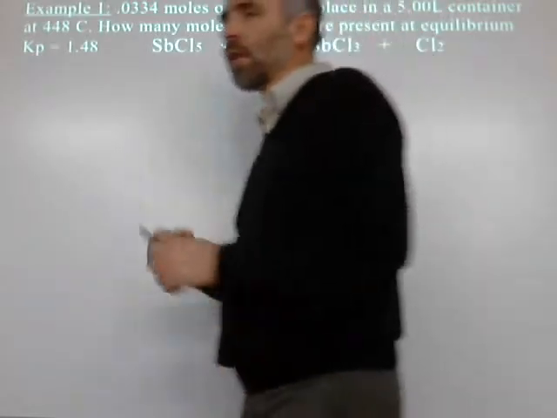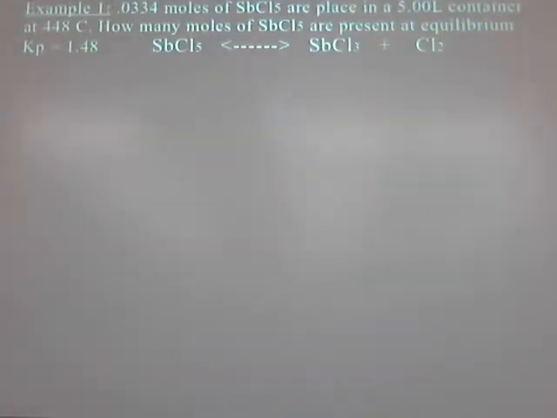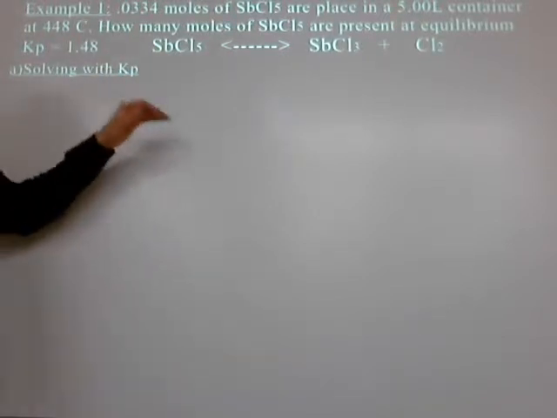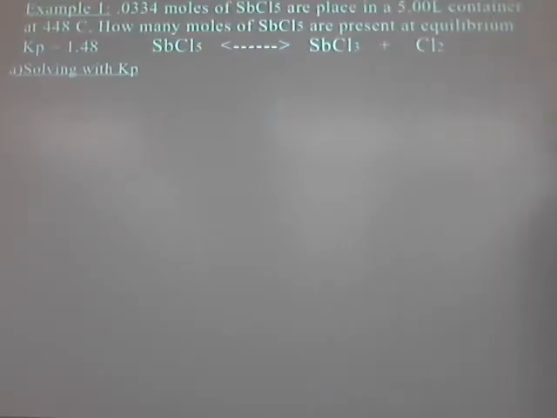Because he says Kp, we have a problem. I'm going to solve this two ways. The first way I'm going to solve it is using Kp. So skip your 4 lines, and solve this using Kp.